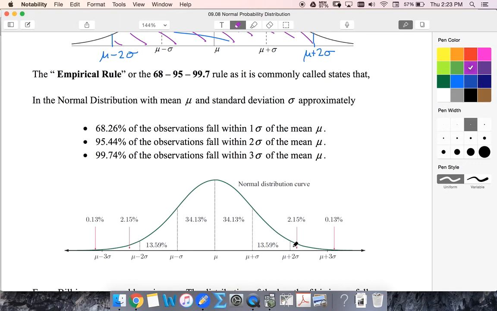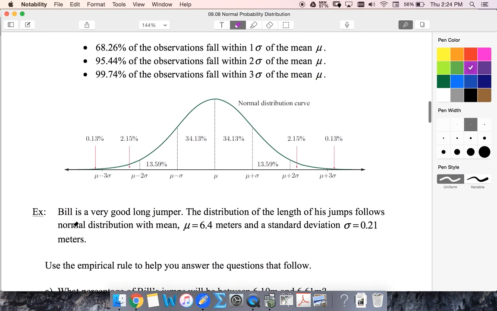Within 2 standard deviations of the mean, I've got 95%, or more precisely 95.44, and half of that is 47.72%, measuring from the halfway point. And then we keep going over. If we add everything up, we should get a total of 100%, right? All probability is going to make 100%. These values out here are going to be extreme outliers.